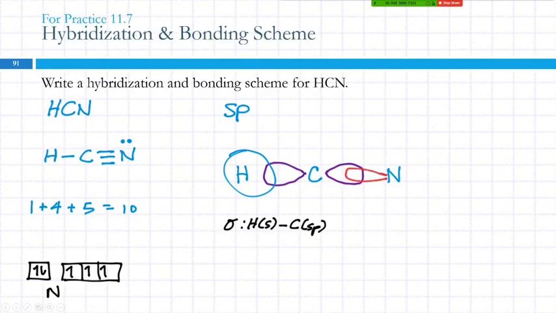So one of those half-filled p orbitals is going to be along the x-axis, and that's going to overlap end to end with my carbon hybrid orbital. So this describes this one. And this is going to be sigma, carbon sp, nitrogen p.